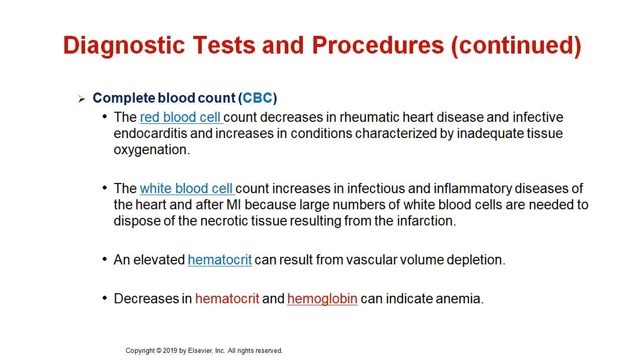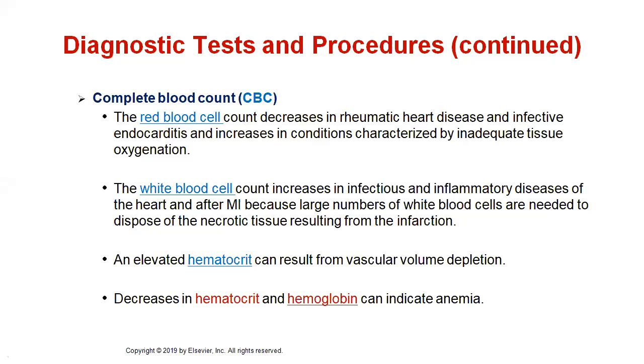And if your patient has a rheumatic heart disease or infective endocarditis, we also have to count the red blood cells. Red blood cells increase in conditions characterized by inadequate tissue oxygenation. In case of heart disease, most of the time the hematocrit is elevated.